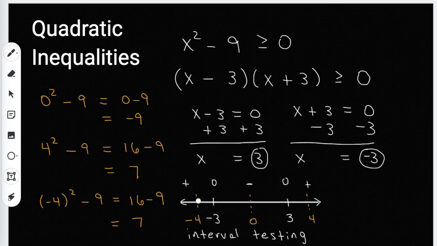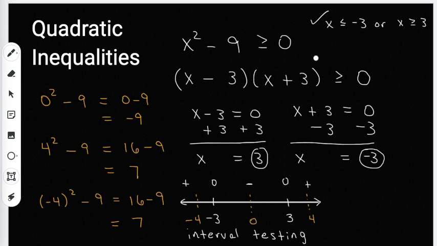Everything that's smaller than -3, so we could say x is less than or equal to -3, or we can choose this plus sign right here, which means any number that's bigger than 3 is going to yield a positive result. So I could choose x is greater than or equal to +3. And there we go. That's our solution.